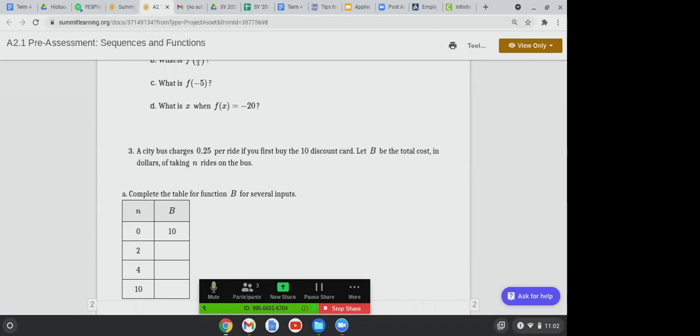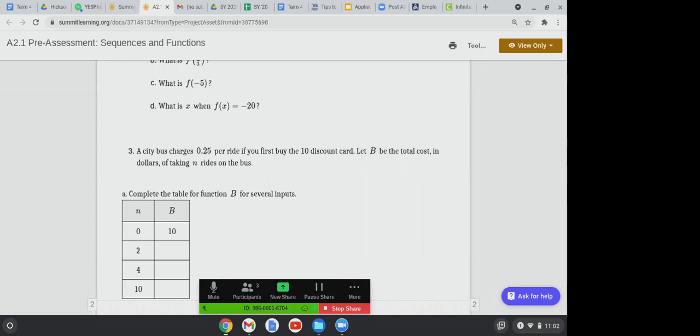Okay, so a city bus charges 25 cents per ride. If you first buy the, oh, that must be $10 discount card. Let B be the total cost in dollars of taking n rides on the bus.